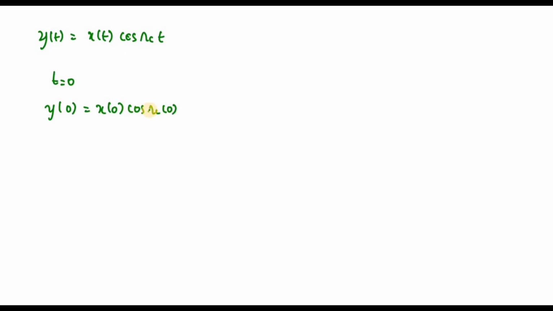So you don't consider this one, you consider only this term alone. So y of 0 equal to x of 0. If I substitute t equal to 1, it is x of 1 into cos of 1. So here you can see it is a causal system.